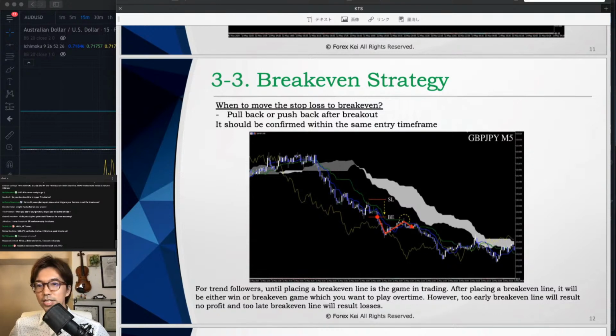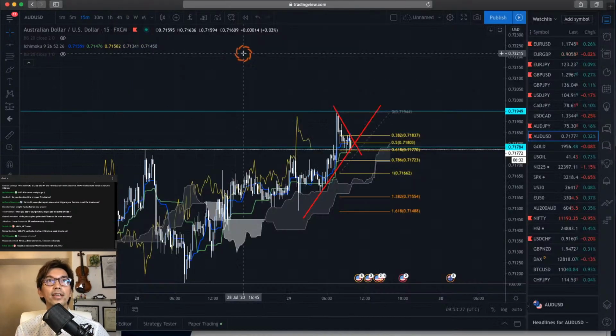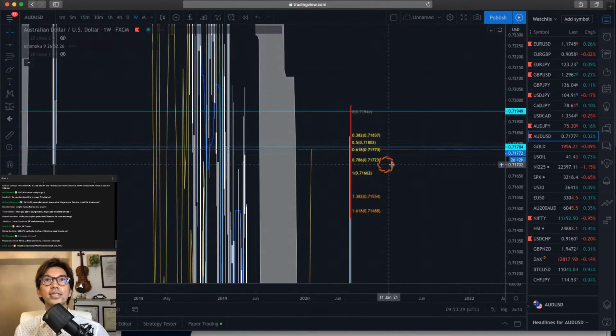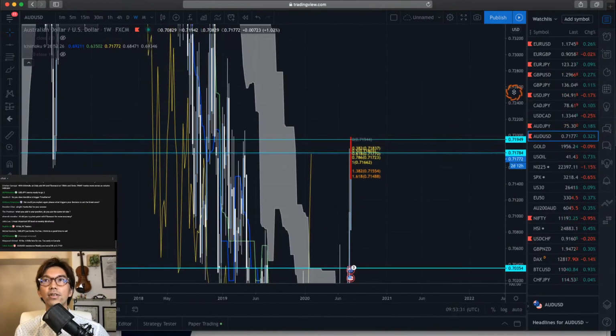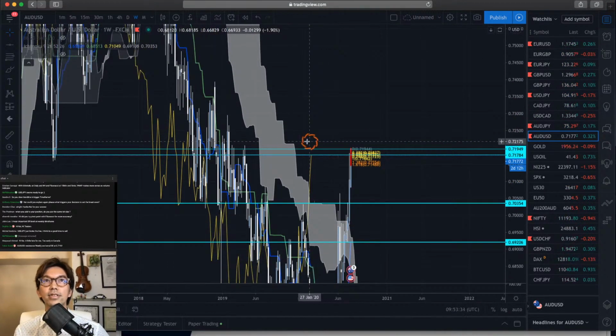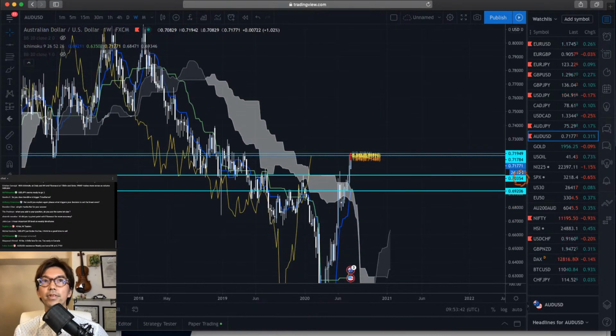Alright, Fabio, AUDUSD resistance weekly and SMA 200. Okay, so weekly chart resistance. Hold on. On this level, it looks like there is a couple of resistances here. But I don't know.